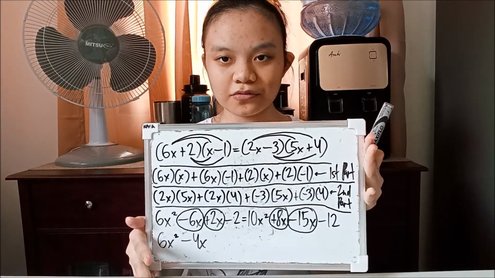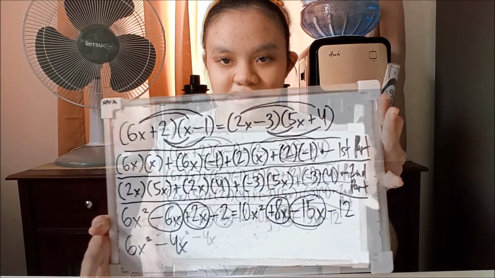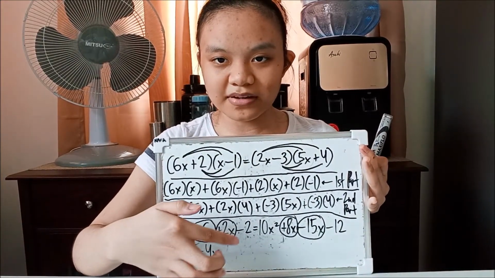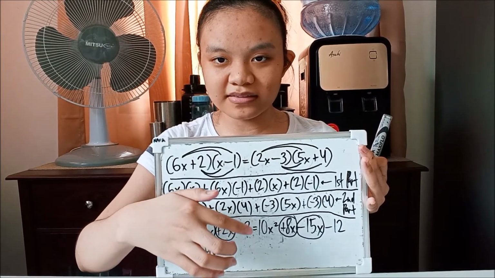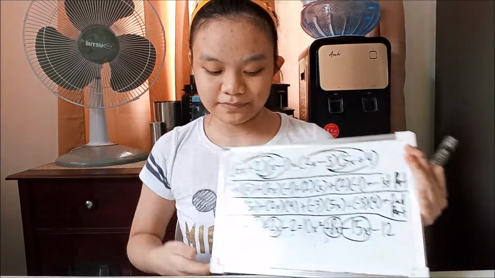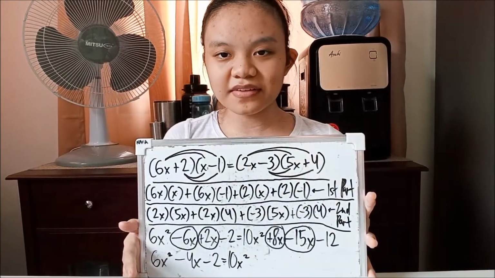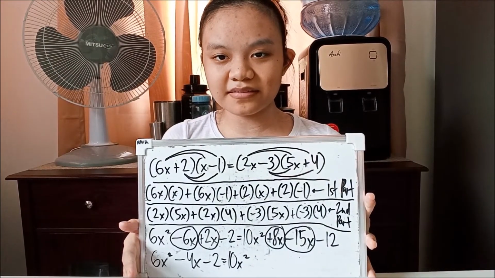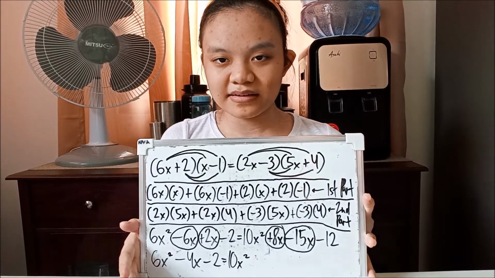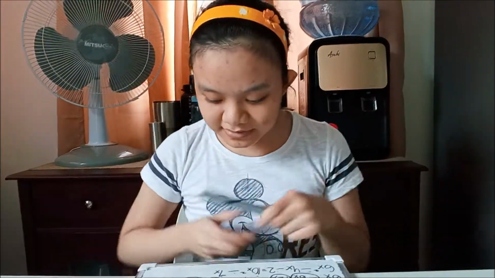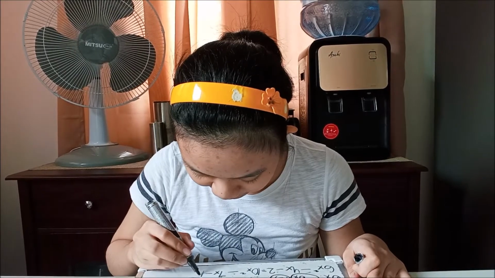Again, you have to follow the rules of the integers. And the next step, after this, copy the negative 2, equal sign, and then 10x squared. Positive 8x plus negative 15x is equal to negative 7x. And copy negative number 12.